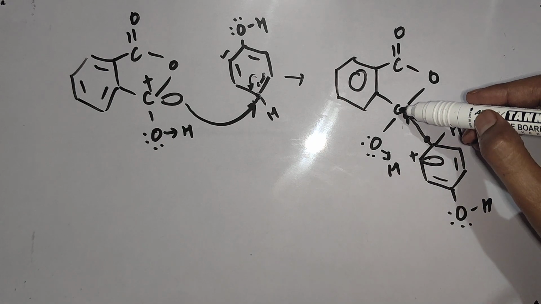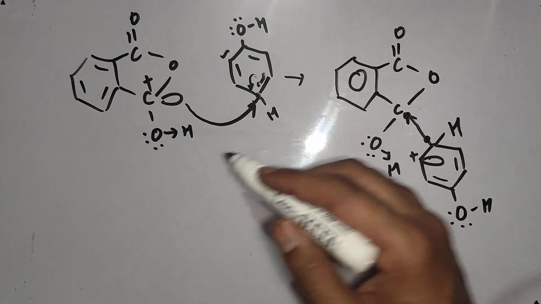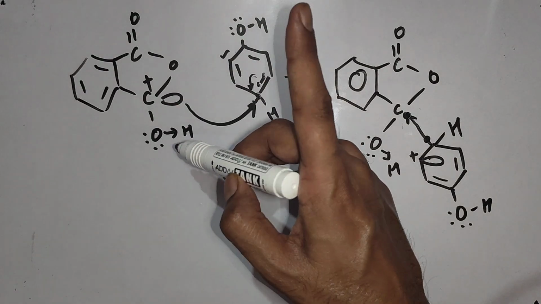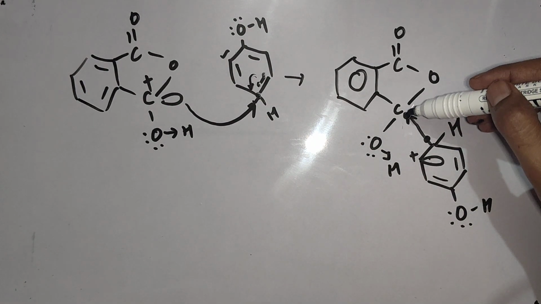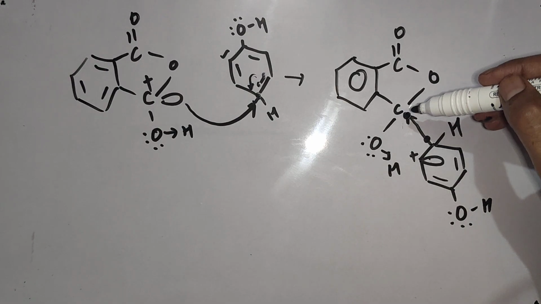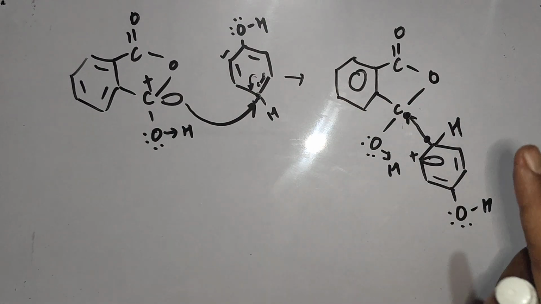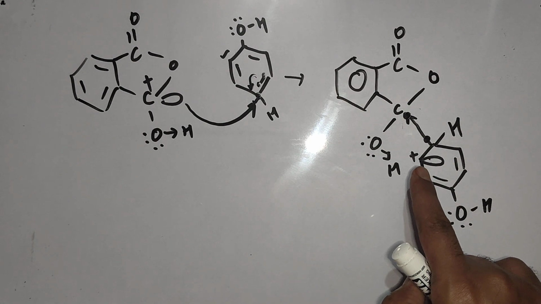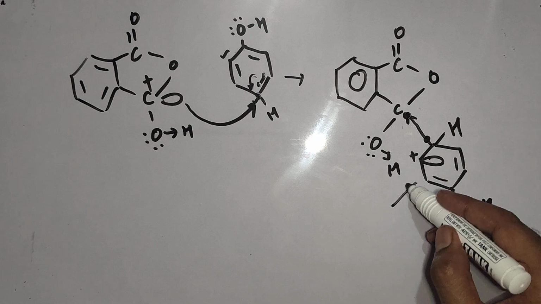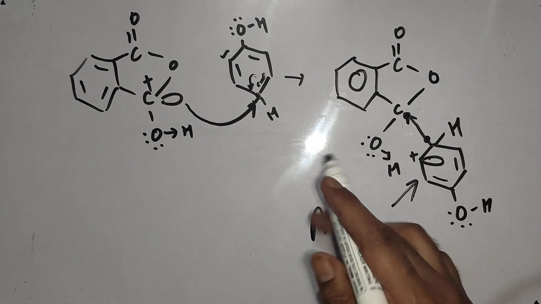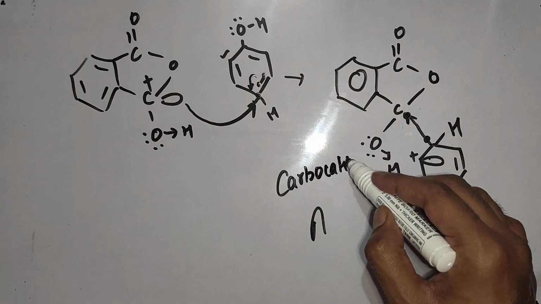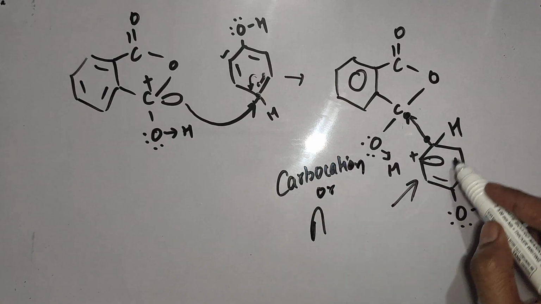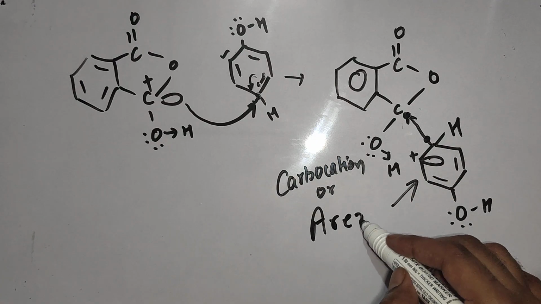What about this carbon? Obviously its positive charge will finish because the positive charge was due to shortage of one electron. After making the dative bond, it is getting that electron back. So its vacant orbital and positive charge will finish. But a problem will arise for this carbon. Now this carbon will become a carbocation, you can call it a carbocation, or this ring arenium ion.